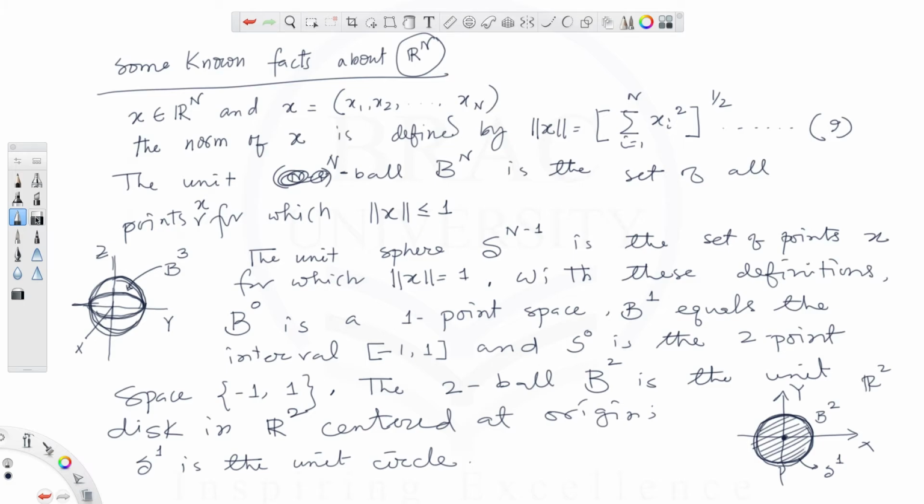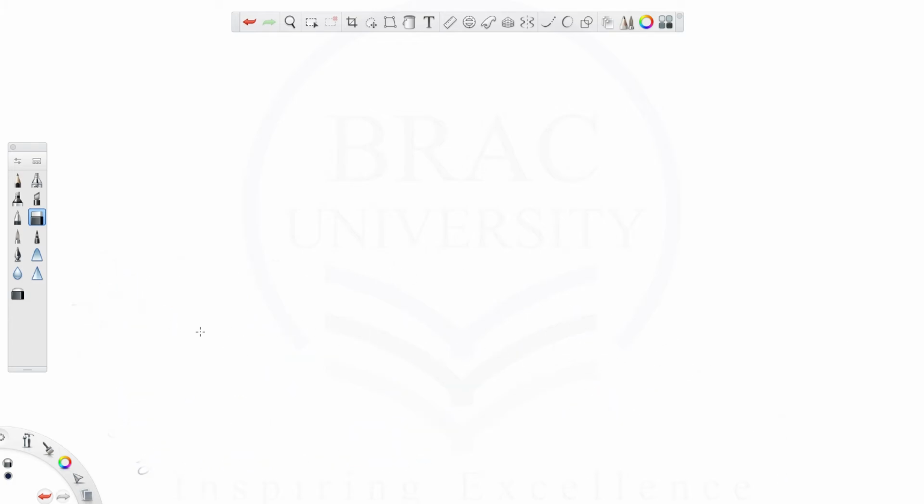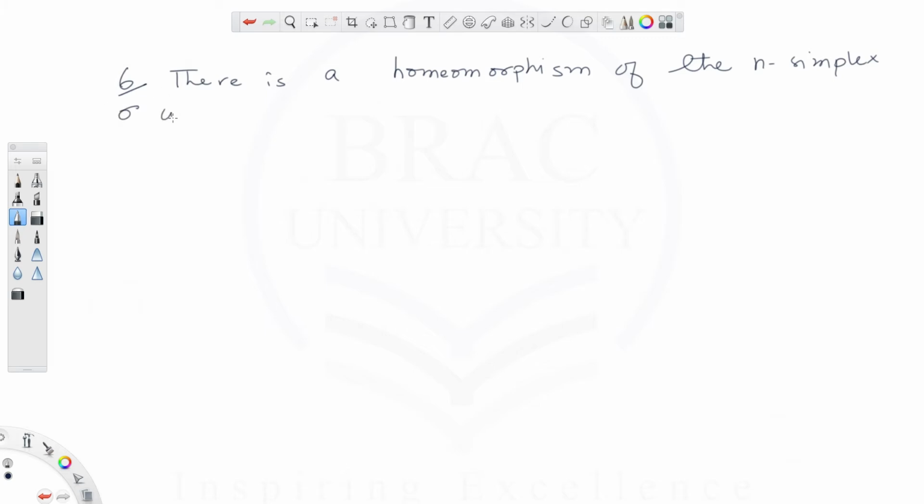All right, now we can talk about the sixth property of an n-simplex, which is that there is a homeomorphism of the n-simplex sigma with the unit ball Bn.